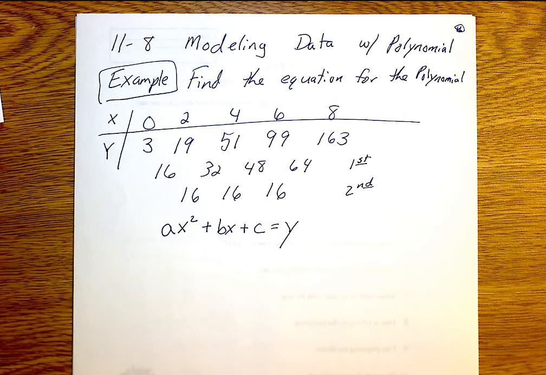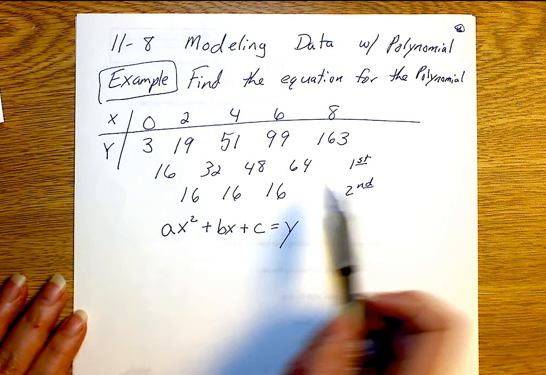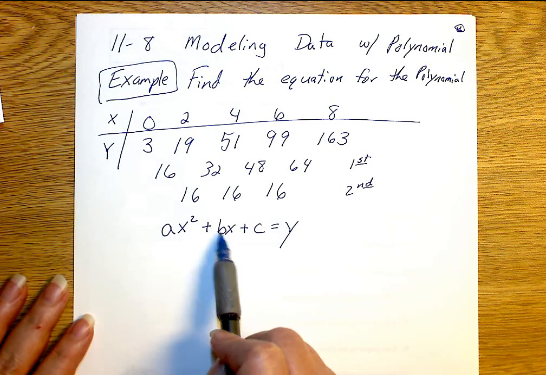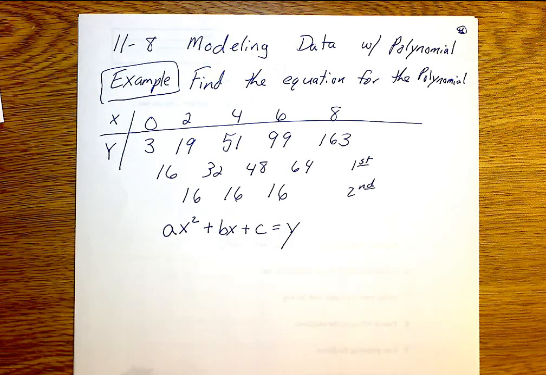If you don't, then you're going to have to do linear combination. Alright, so first of all, how many variables are we going to be looking for? Because we don't know what A is, we don't know what B is, and we don't know what C is. So how many variables do we have? 3. So what you need to do is you need to have 3 sentences or 3 equations so that we can solve for each of those variables.